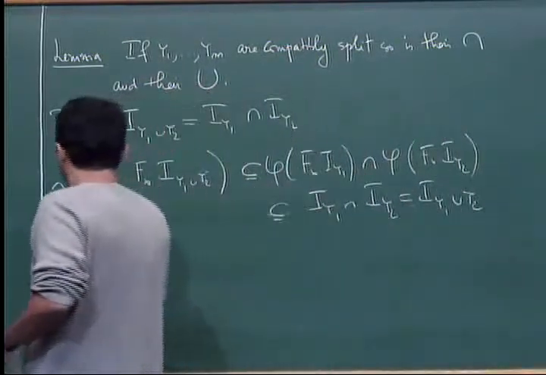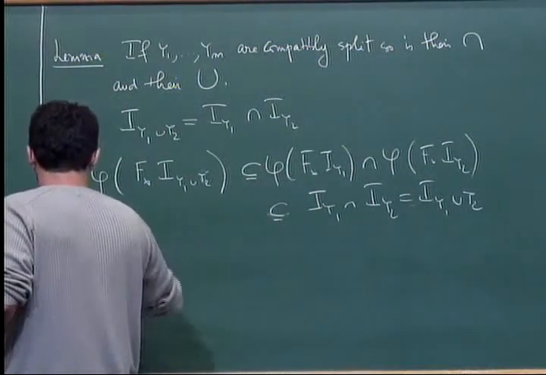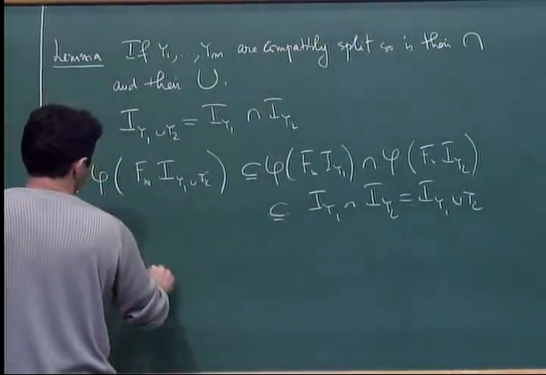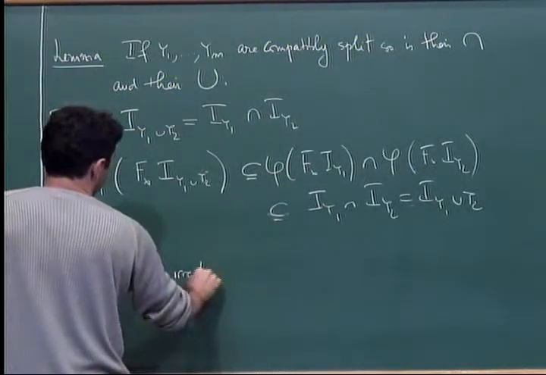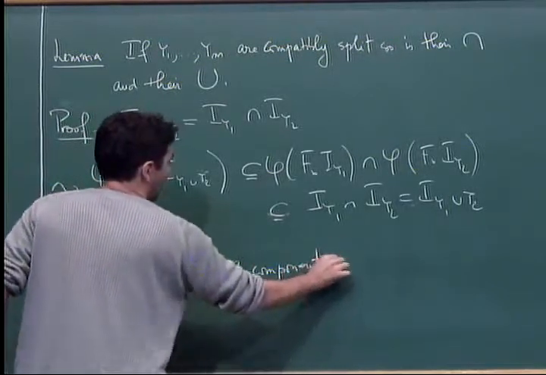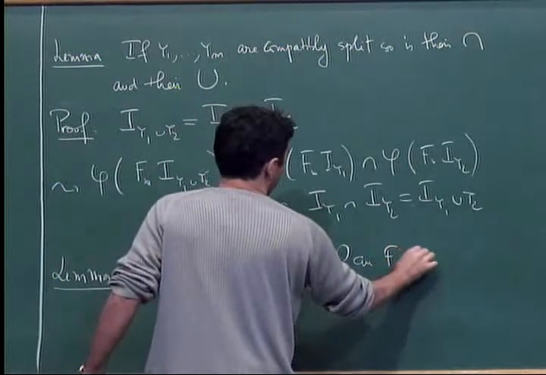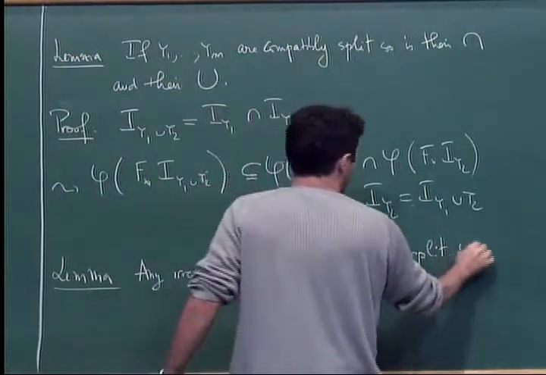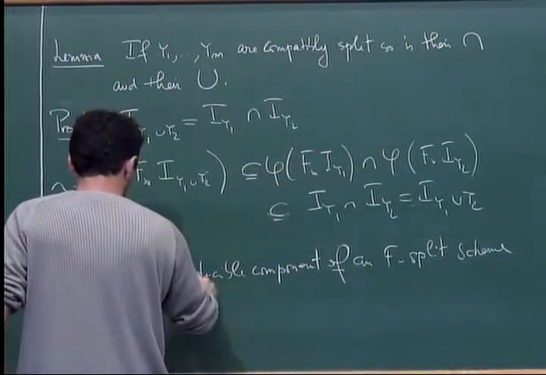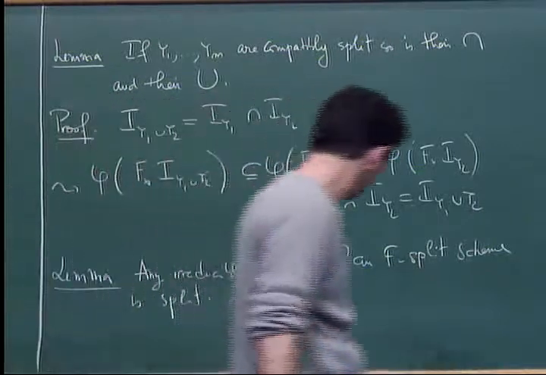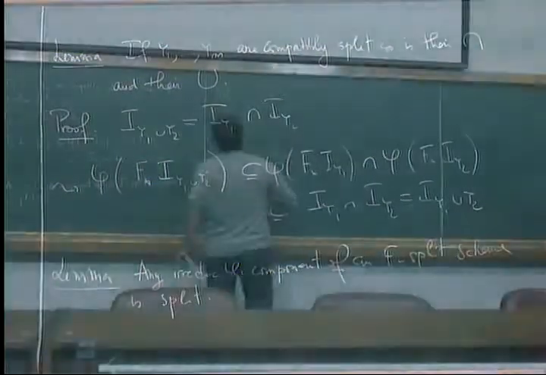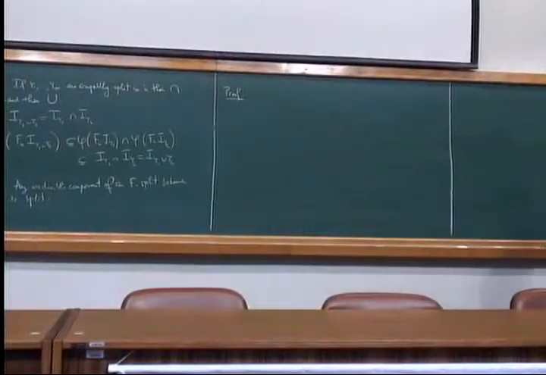So lemma 2: any irreducible component of an F-split scheme is split. I'm going to prove this assuming something I'm going to prove later on.